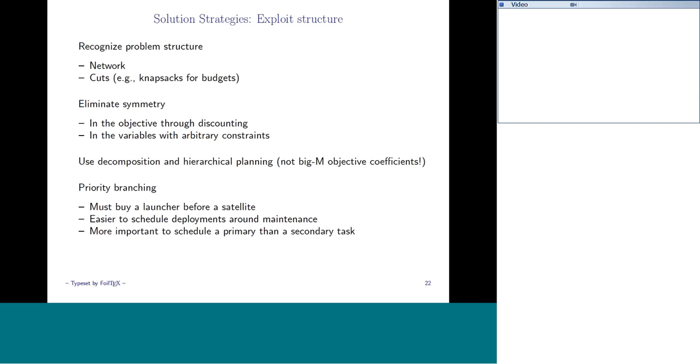The other thing is to recognize problem structure and try to exploit it. In the Army personnel planning model, we recognized this could be a network, and so we got integer solutions for free, and we cast it as a network. We looked at cuts based specifically on knapsack constraints, like for the budgeting model. We tried to eliminate symmetry.